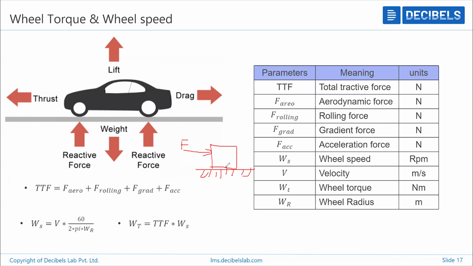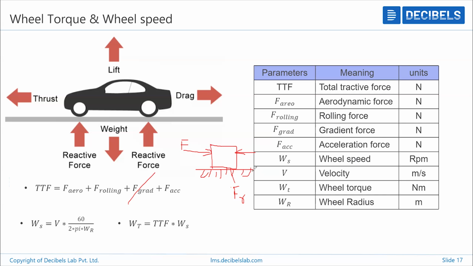Here some resistance is there due to friction, I'll write FR. And the box might have some good area, so it is influenced by aerodynamic force. And this surface has no inclination, so let's not consider the gradient at all.